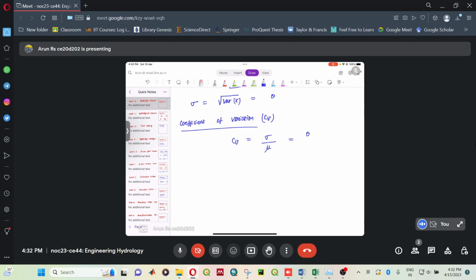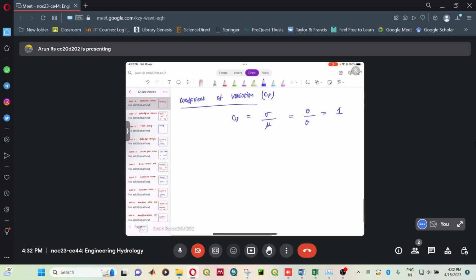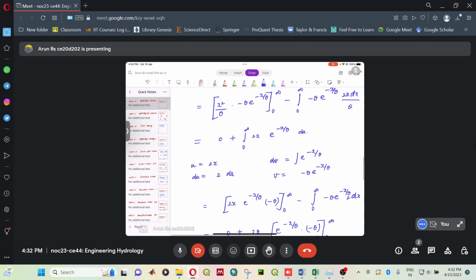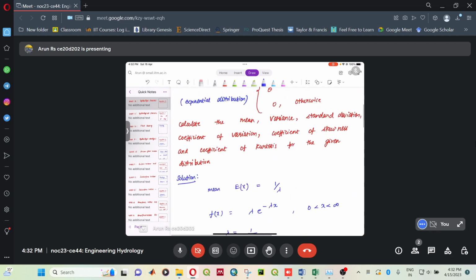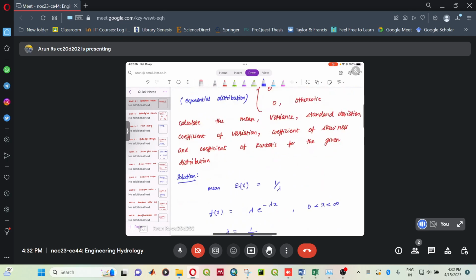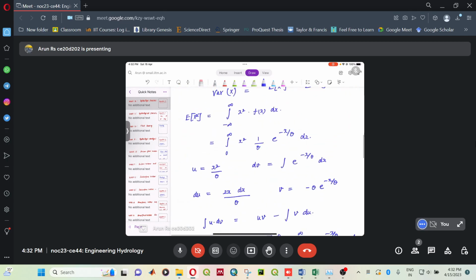So this will be theta by theta, which is nothing but 1. So the coefficient of variation for the exponential distribution is 1. So next measure is the coefficient of skewness.